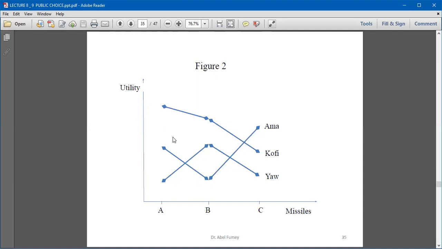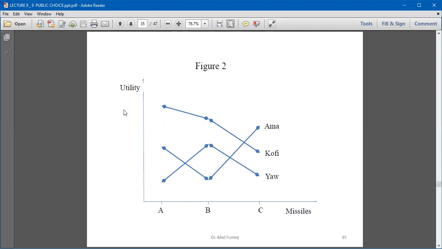But in the second table, Amma had a double peaked preference. We will look at what those things are. Even if you have just one voter having a double peaked preference, then you have the voting paradox.